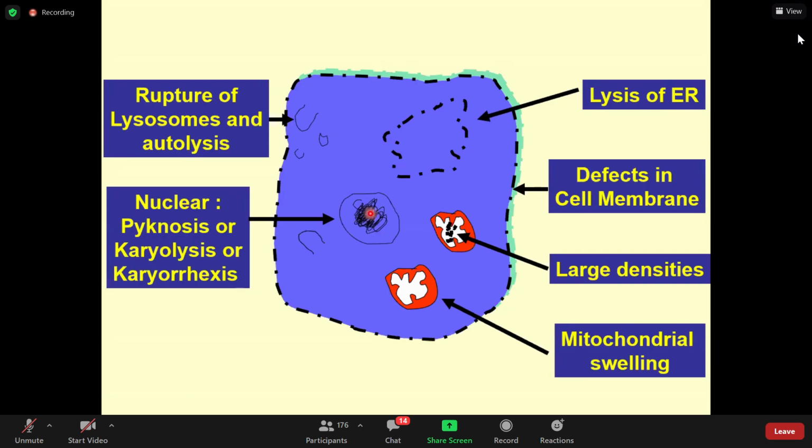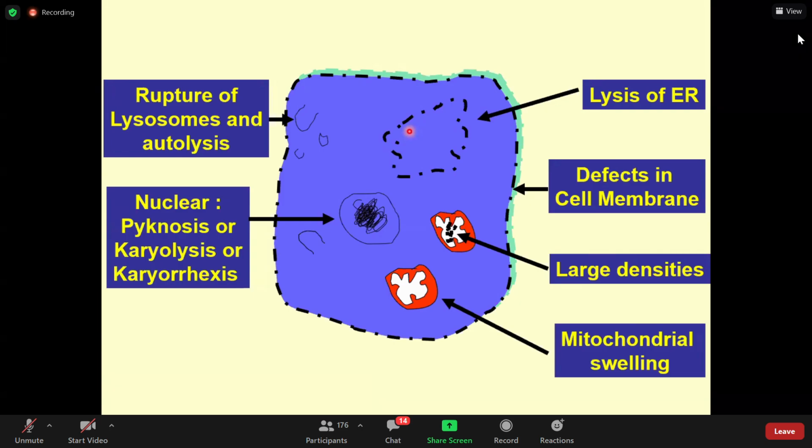In addition to being clumped in the phase before that, it will start to condense into a much smaller, much rounder structure, as you can see here, in the form of a pyknotic nucleus. And then you will also see the lysis of the endoplasmic reticulum.